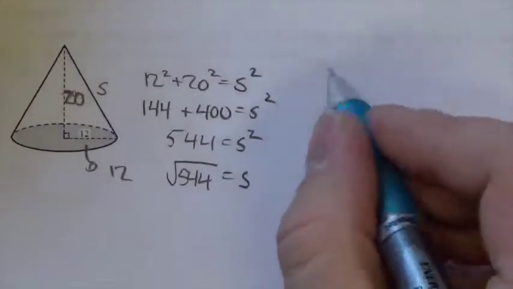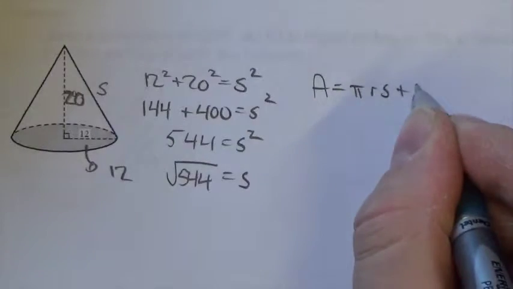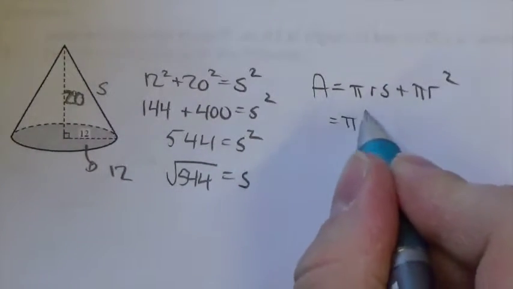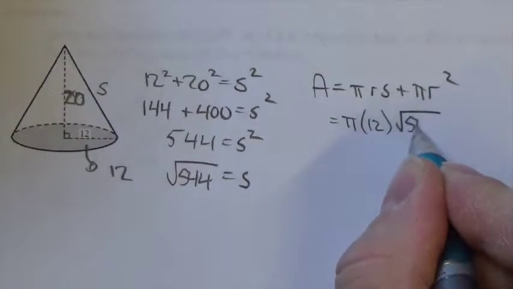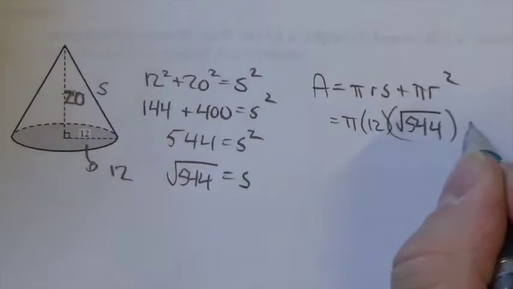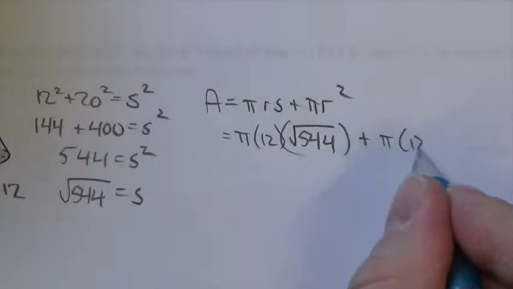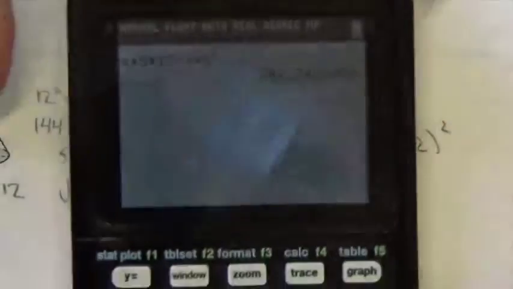So now the area will be pi rs plus pi r squared. So pi, the radius we saw was 12, and the slant height was the square root of 544, plus pi times 12 squared. Now I've got all the information, I just have to plug this into my calculator.